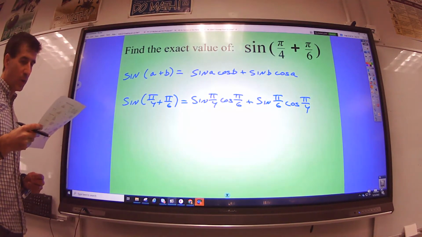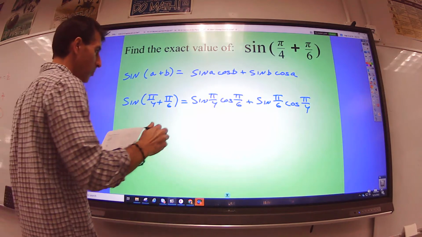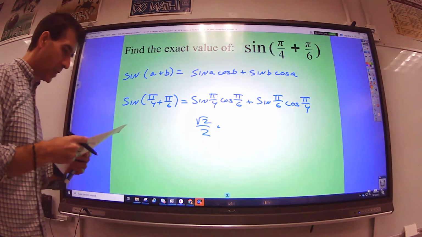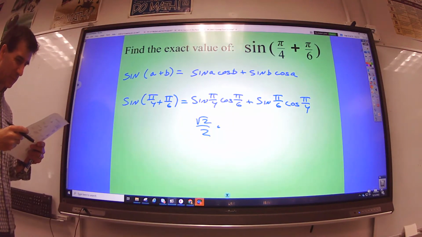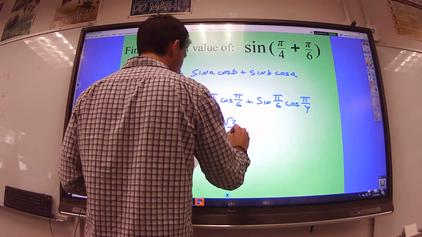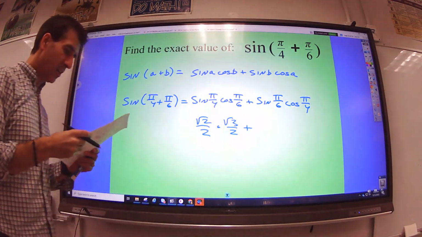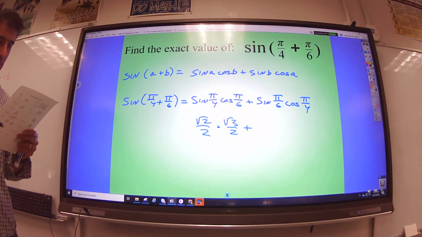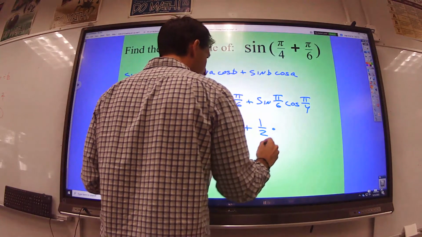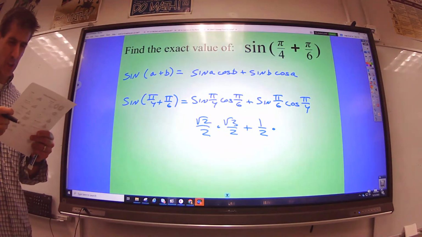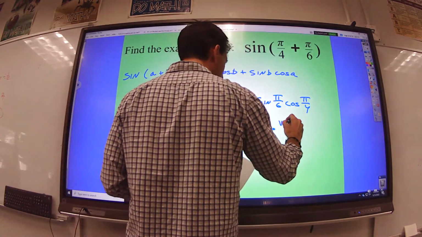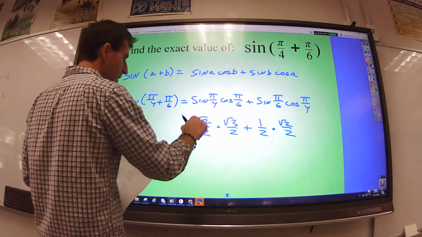Sine of pi over 4 is root 2 over 2 times cosine pi over 6. Cosine pi over 6 is root 3 over 2, plus sine of pi over 6 is 1/2 times cosine pi over 4 is root 2 over 2, and then we multiply.